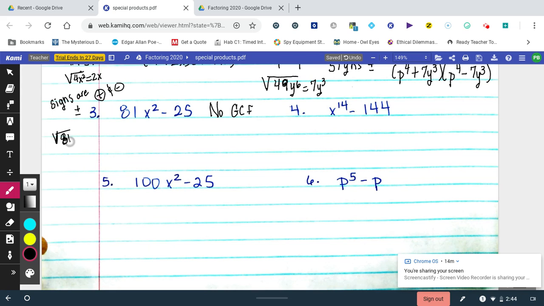The square root of 81x squared, which produces 9x. And then the square root of 25.